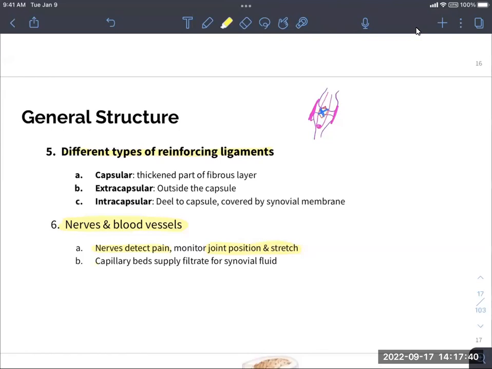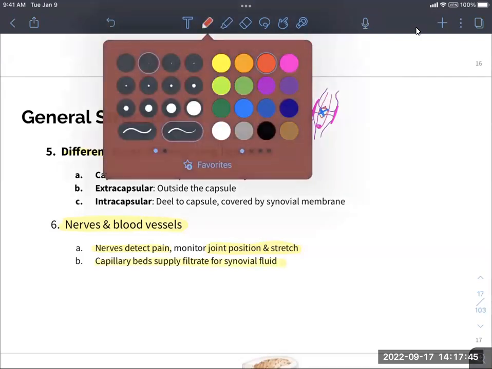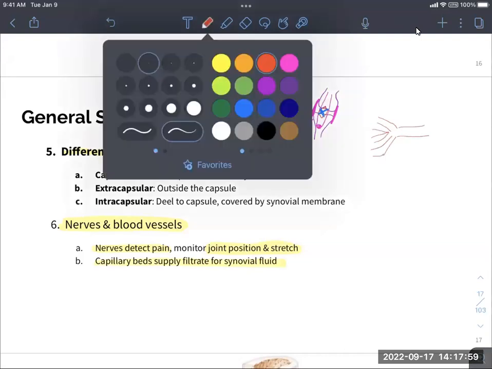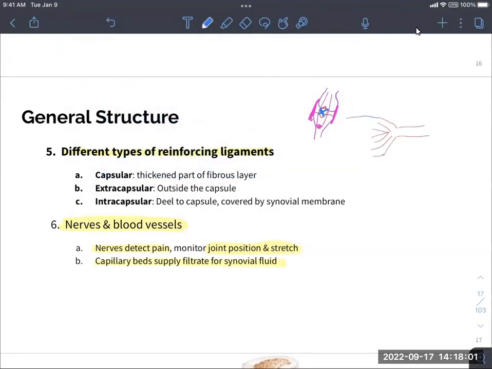We need capillary beds. So those really small arteries, we get those arteries, and it branches off into many directions, and these are our capillaries that then turn into veins.